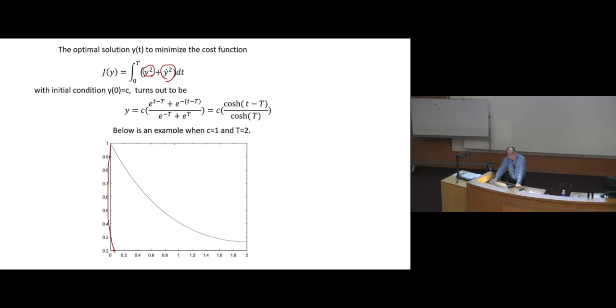A very special case, if C equals 0, actually this one also considers the case when C equals 0. We know that when the initial condition is 0, of course, there is a very trivial solution, y equals 0, right? This is also expressed by this function, okay? The reason it cannot go to 0 very fast is because we have to minimize the speed of the change.